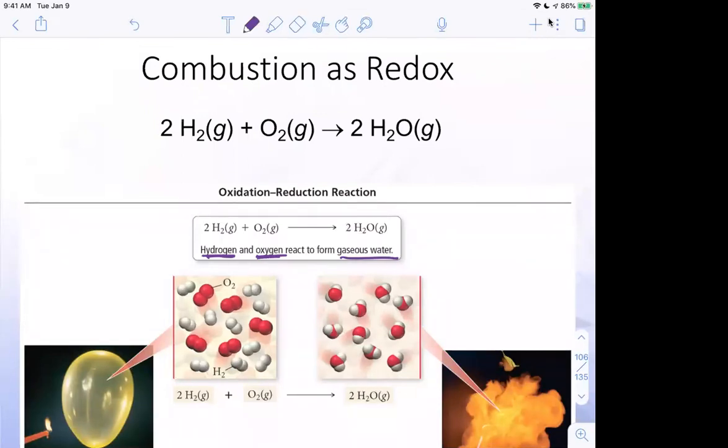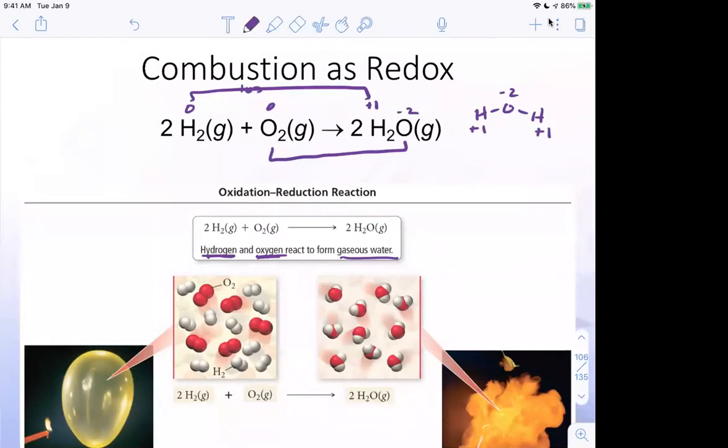Now, again, this is going to be 0 states, and when I look at my water, my oxygen is going to be -2, and each one of those hydrogens will count for a +1. So hydrogen went to +1, it lost an electron, and oxygen went to -2, right?